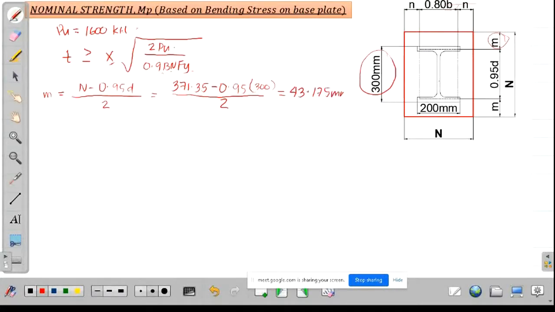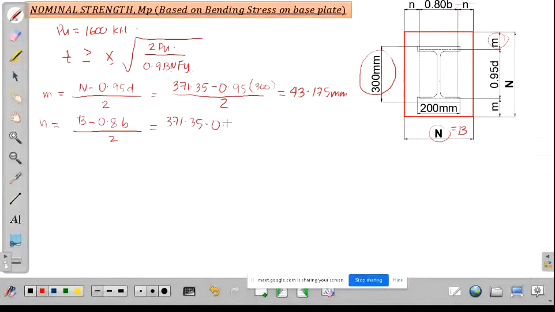And then for n, so kindly solve for value of n, that is b, kasi this is equal to b. So, pag rectangle yan, that is equal to b. So, b minus 0.8 of b over 2. Substituting yung values natin.